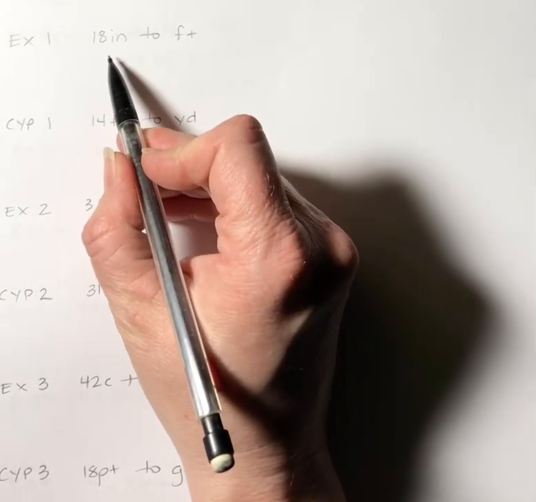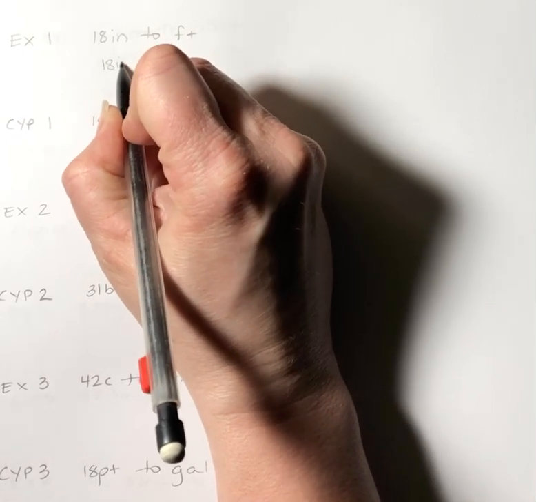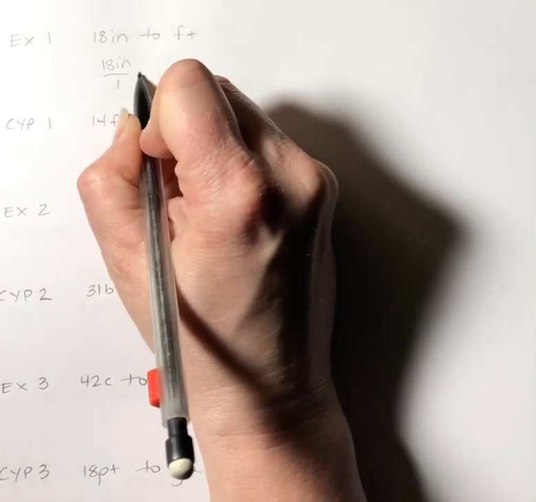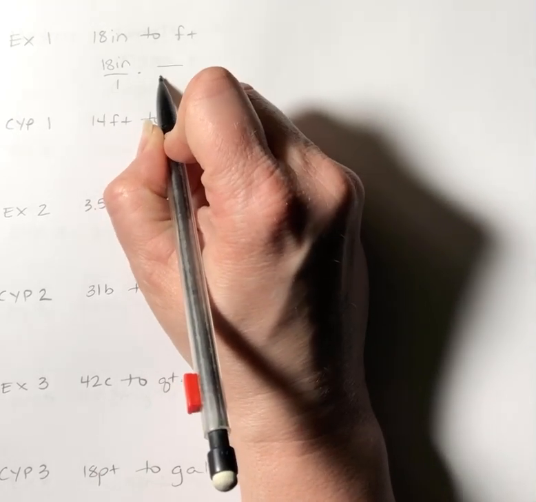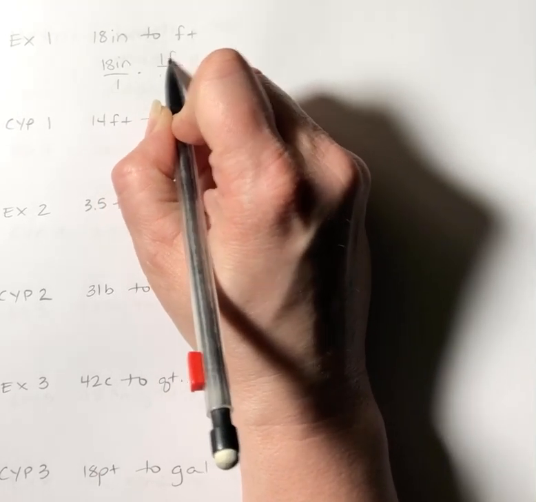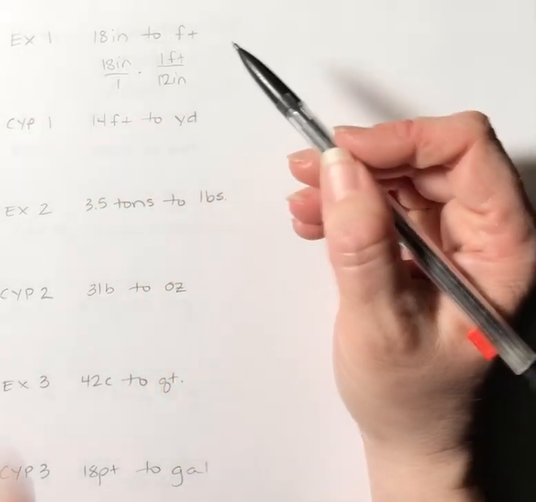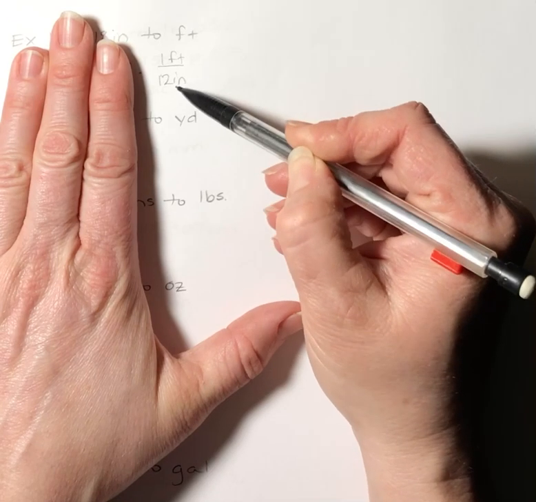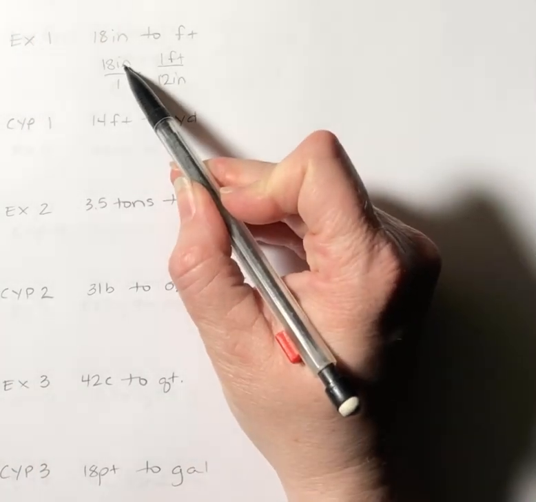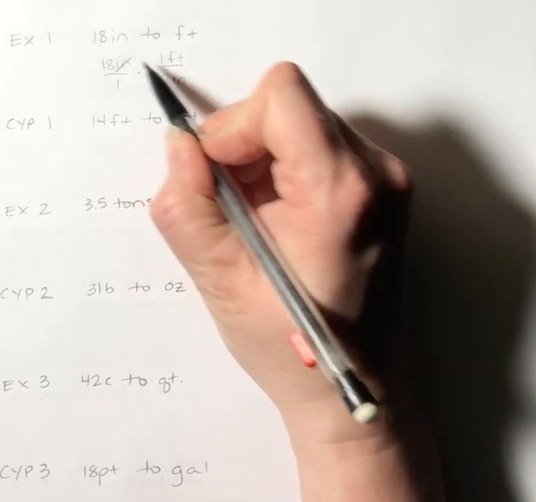For example 1, you are converting 18 inches to feet. So I put 18 inches over 1. My conversion factor is that 1 foot is equivalent to 12 inches. This is equal to 1 because those are equal to each other. My inches are on top, so in this conversion factor, I put my inches on the bottom.